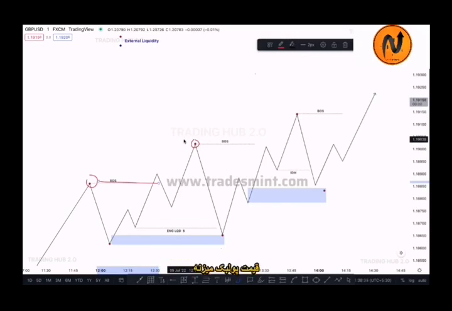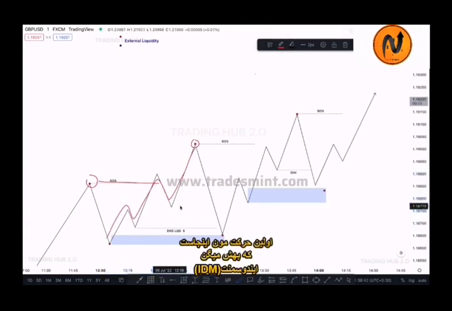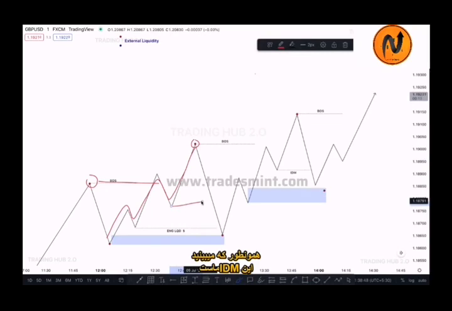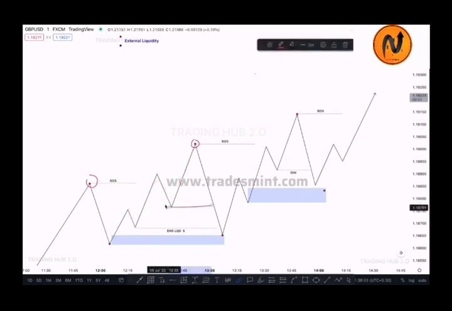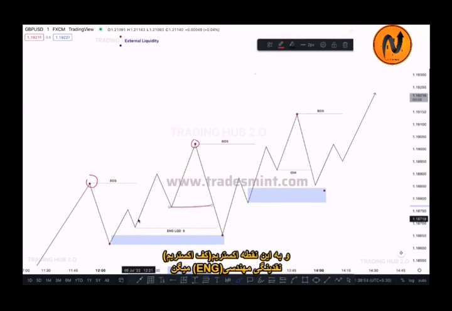The market takes a pullback, and the first move goes like this. This is an internal range, as you can see here. So this first move is called inducement, okay? And the extreme high or low is called our engineering liquidity.